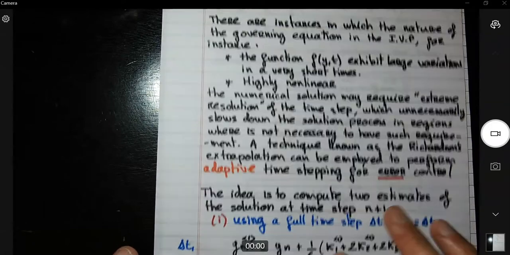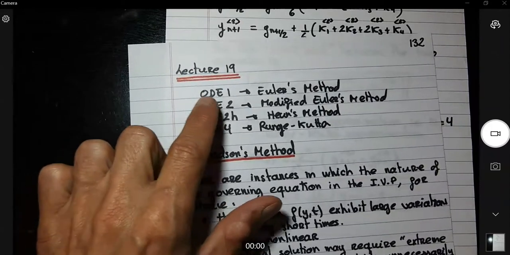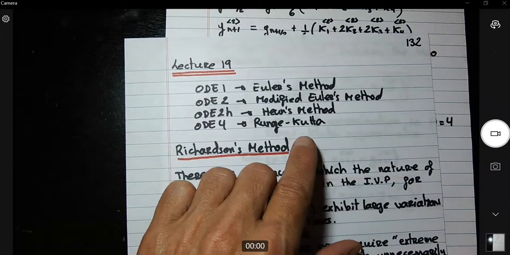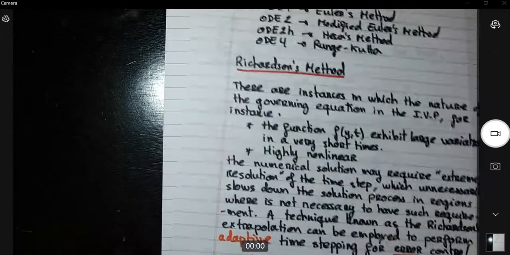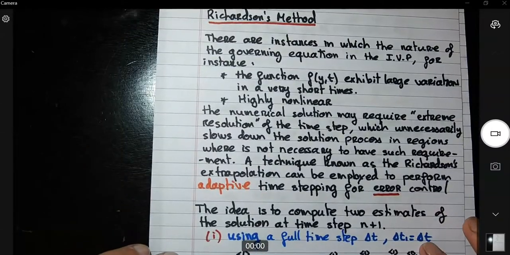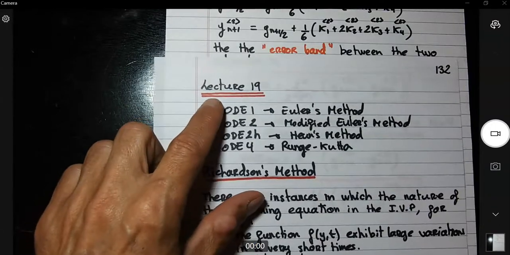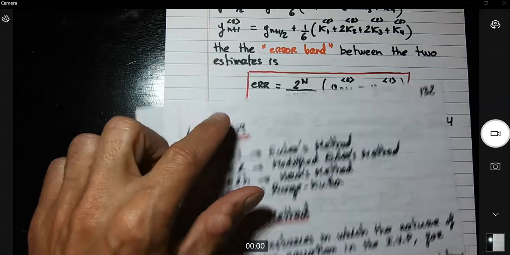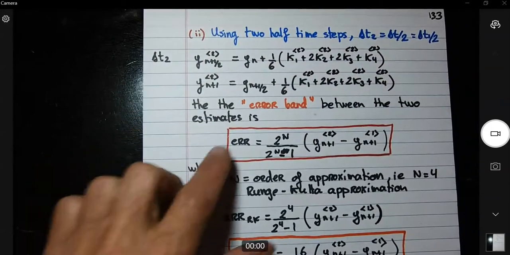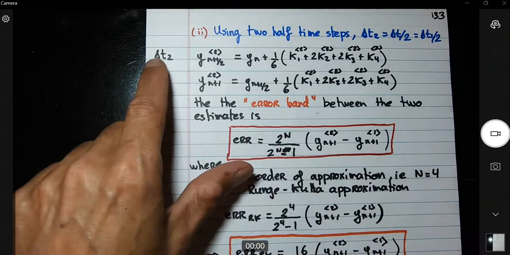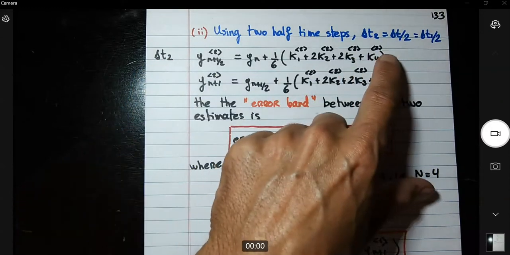You can use the ODE files, it will be the same thing over here, basically the same thing as ODE45, but with a time step delta t. Now, you use the second approximation, which is the one here at the top. Again, this is the Runge-Kutta approximation, but this time with the time step half of the previous one.